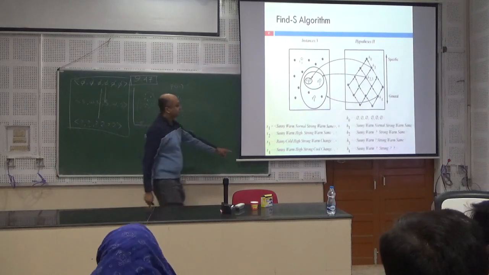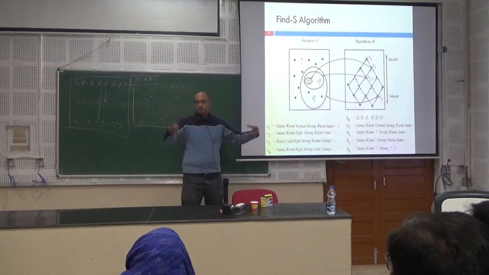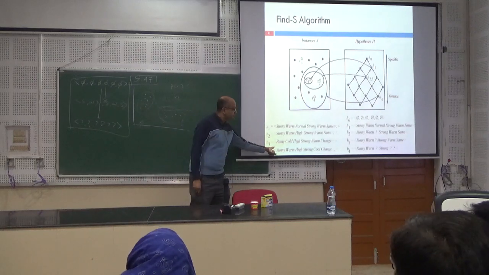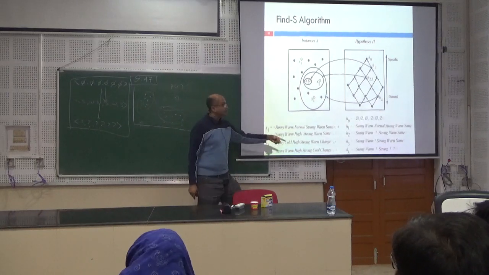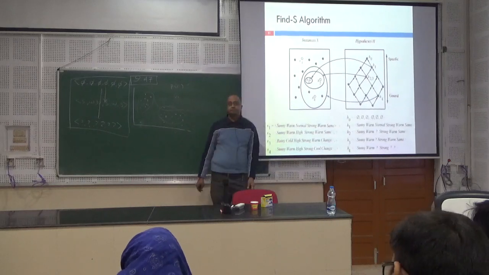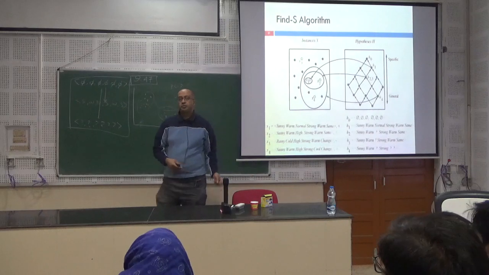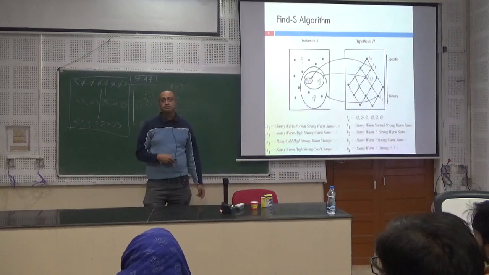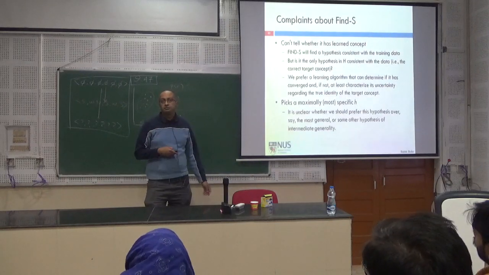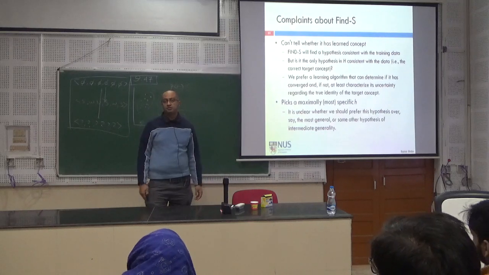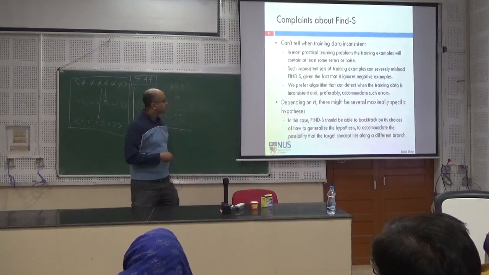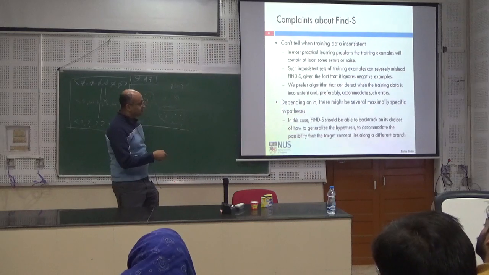For example, if you had seen this first, and I could come up with a toy example where if you see this first and this later, your values here will be different. So there are many of these hypotheses that are possible which will satisfy this. Which one is the right one? Which one will give us lower errors? We don't know. Right? So there might be many different specific hypotheses.